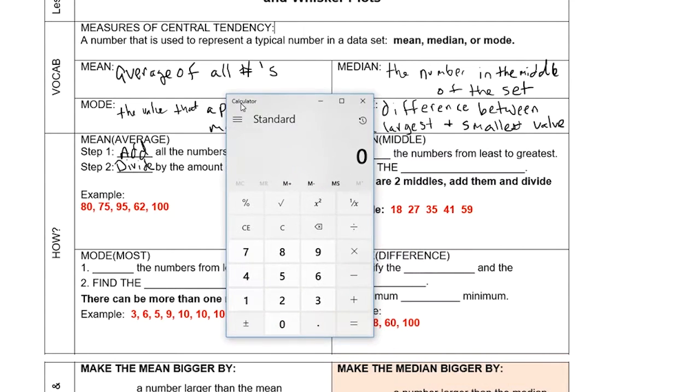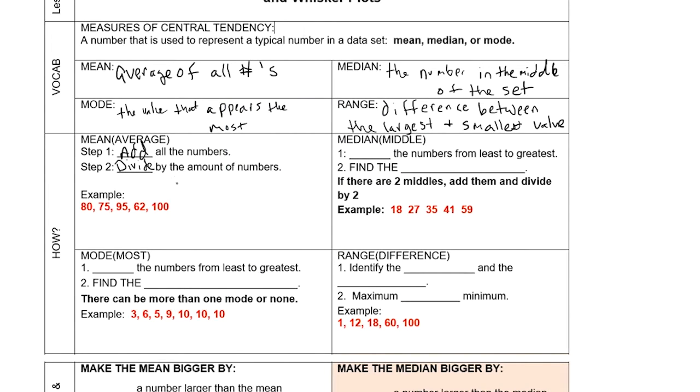All right, so we're going to take 80 plus 75 plus 95 plus 62 plus 100. So the sum, that's step 1, equals 412.